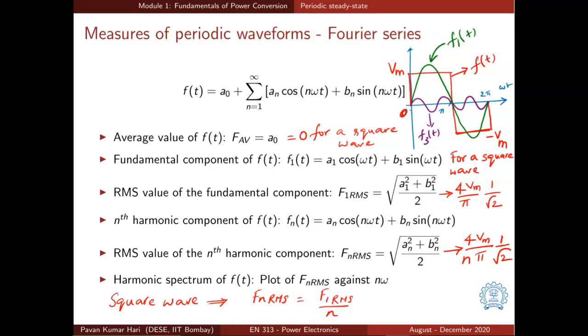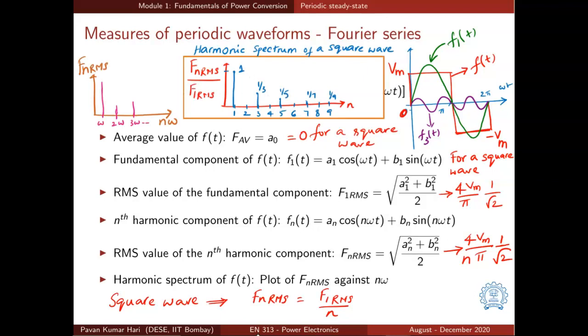Similarly, the RMS value of any nth harmonic component of the square wave can be shown to be equal to 4 Vm by n pi into 1 by root 2. So in the case of a square wave, the RMS value of any nth harmonic component is just 1 by n times the RMS value of the fundamental component. This is a very interesting result.